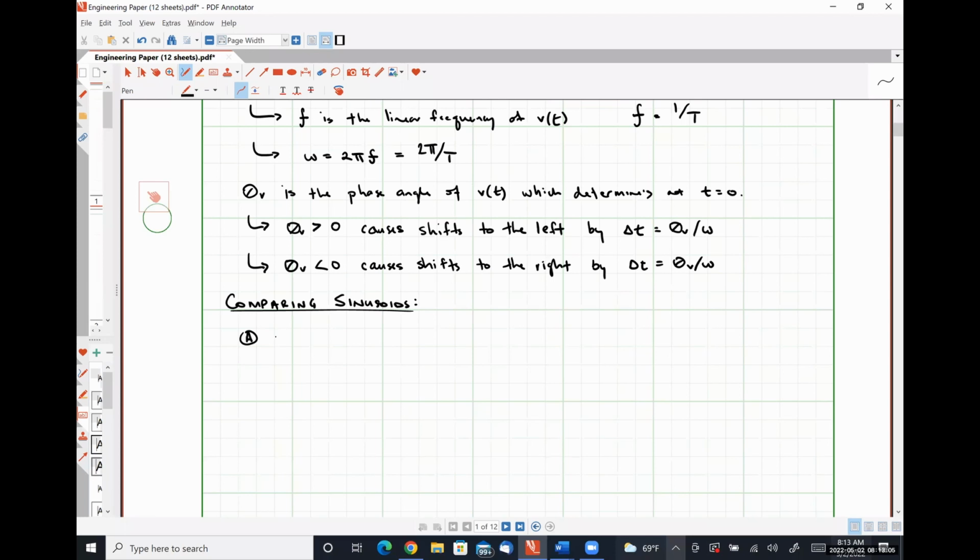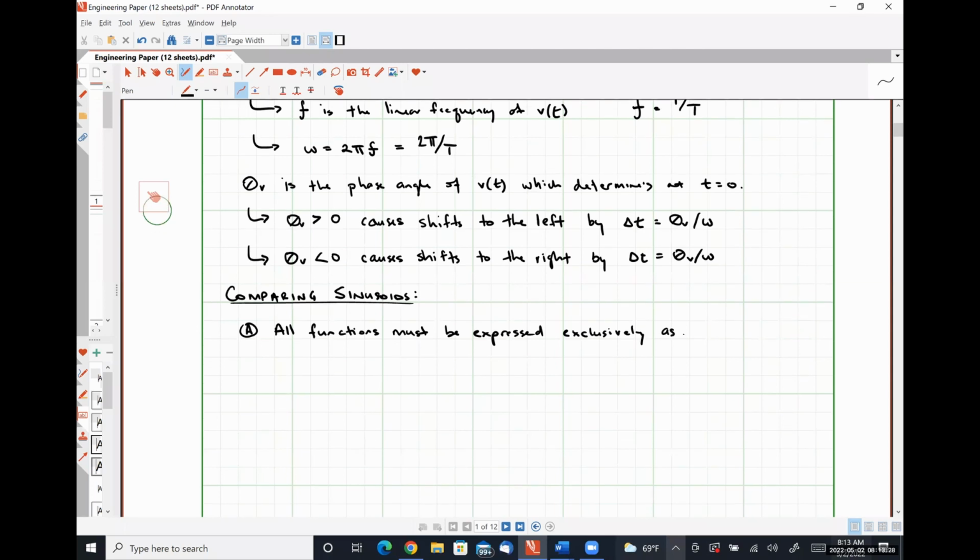Our first rule is that all functions must be expressed exclusively as sine functions or cosine functions.